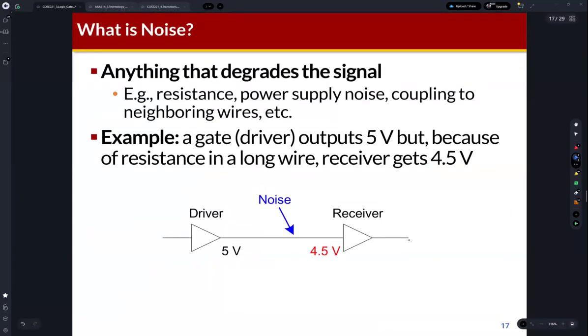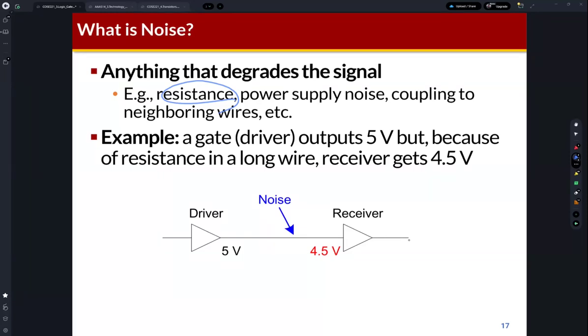So then what is noise? There are many noise sources in a real circuit. The circuit has a parasitic resistance component, 기생 parasitic resistance. Also, our power supply component is not perfect.